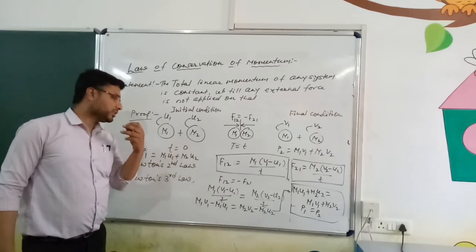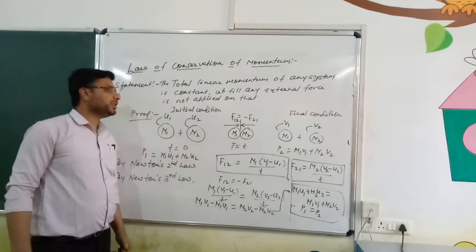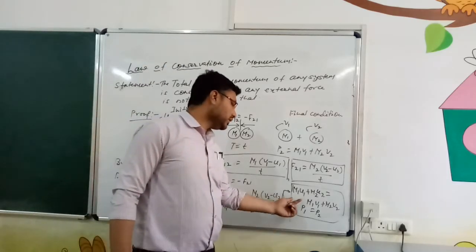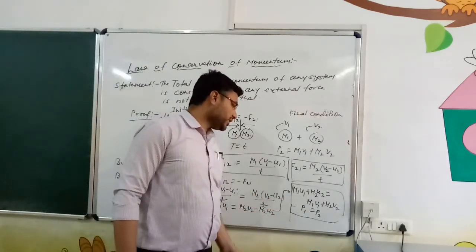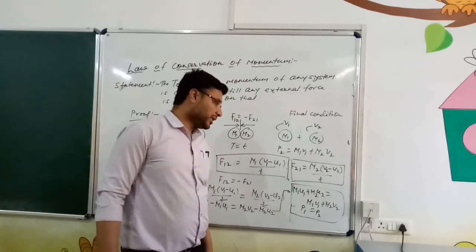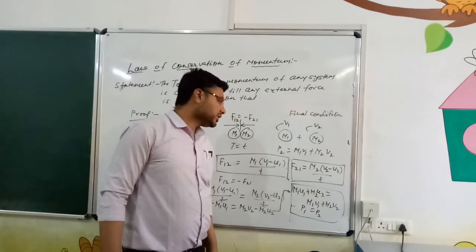We have a few questions based on it. We will solve numericals where there is a collision, and the masses and initial velocities of the objects are given, along with the final velocities.